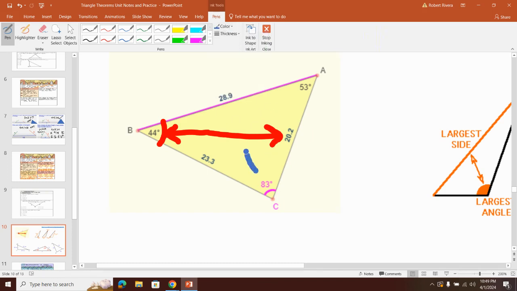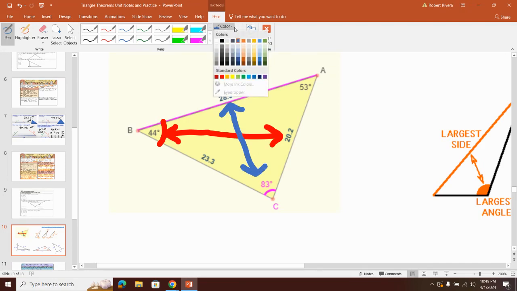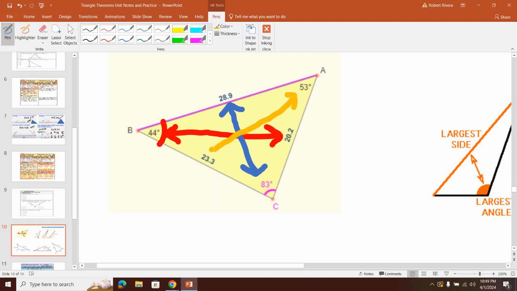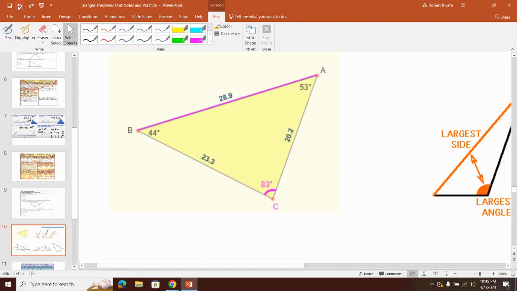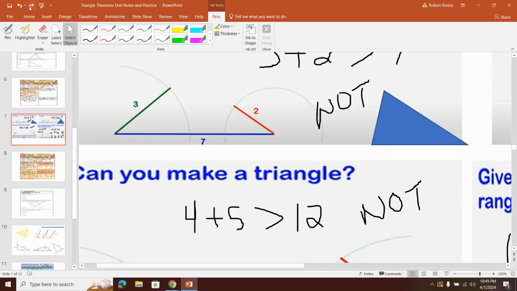Biggest with biggest. The biggest side is with the biggest angle. And the medium is with the medium. Okay? That's called the angle side relationship theorem. Later on, I'm going to show you with the angle legs what I mean.